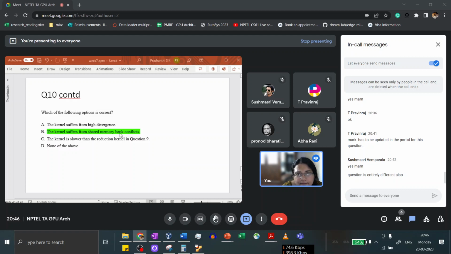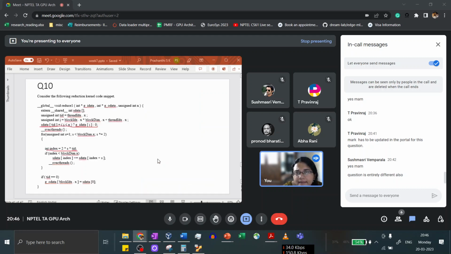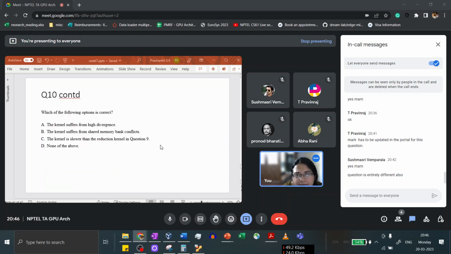So the kernel suffers from shared memory bank conflicts, right? Let's see why that is. So this was the second reduction, right? This was an optimization that was put in to make it slightly better. So now you can see that it's no longer divergent. That's the first thing.